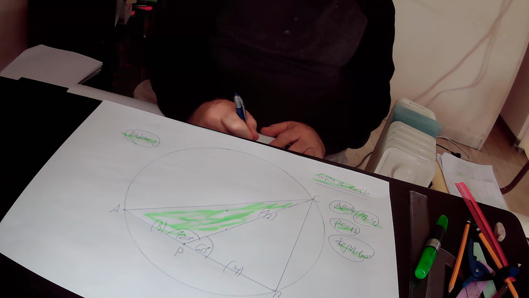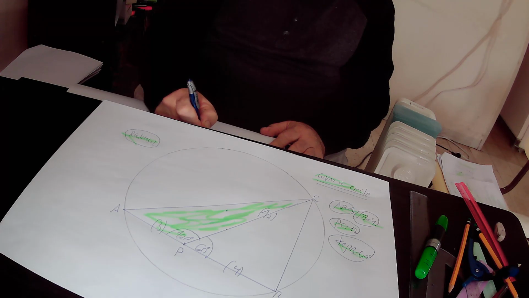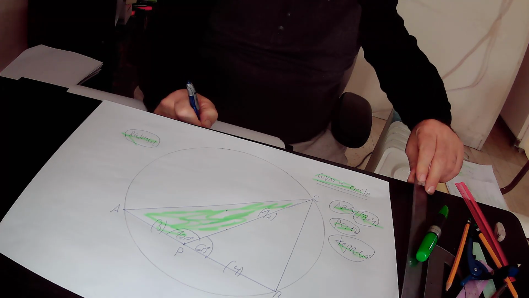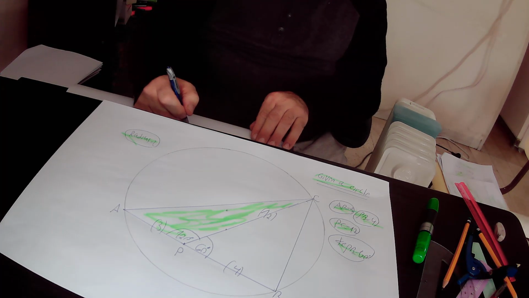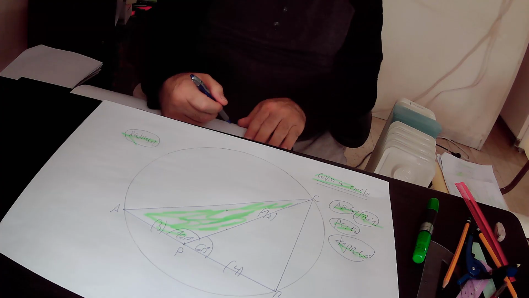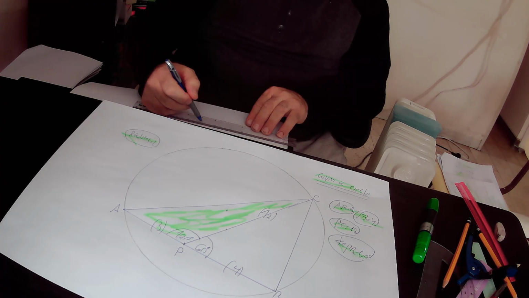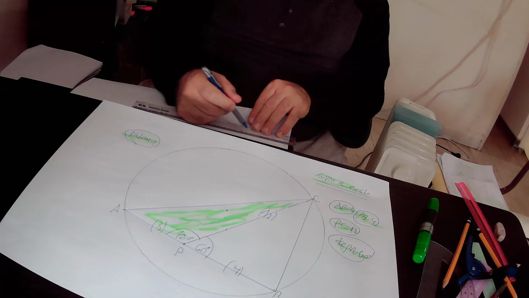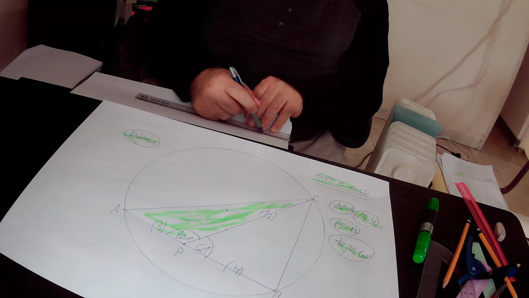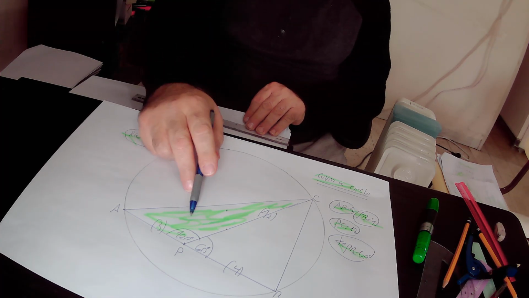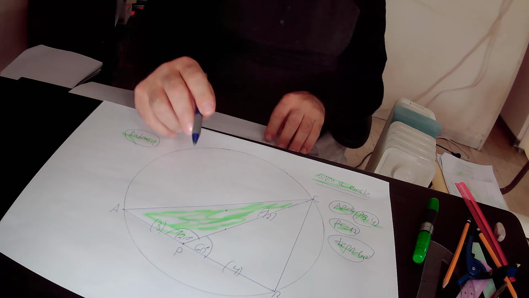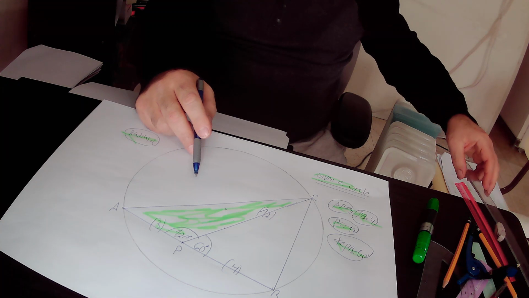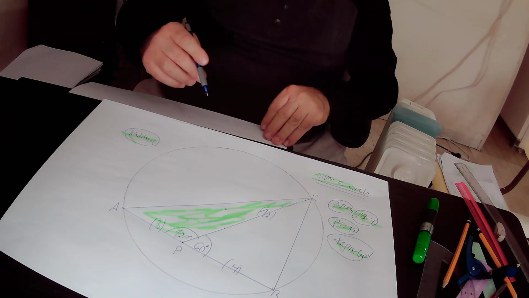According to the law of cosines, the following equation is true. We choose angle theta as this angle APC, which equals 120 degrees in size. So in this green triangle CAP, according to the law of cosines, the following equation is true.